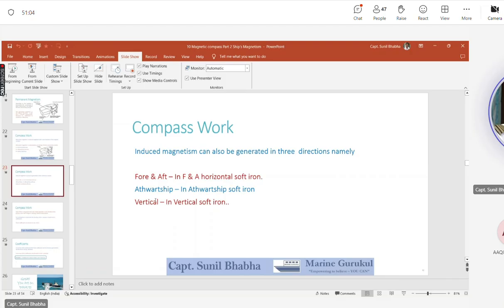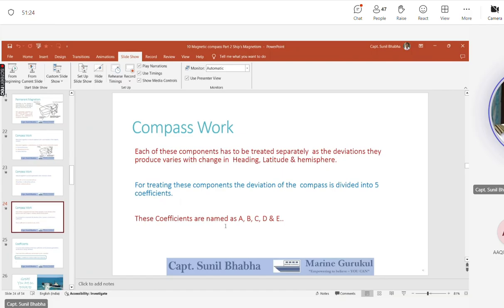Now let us assume that because of all these factors, deviation has been generated in our compass, and that deviation is 10 degrees. These were the causes of the deviation. All 6 factors have generated a 10-degree deviation. Now out of that 10 degrees, we need to separate the different deviations.